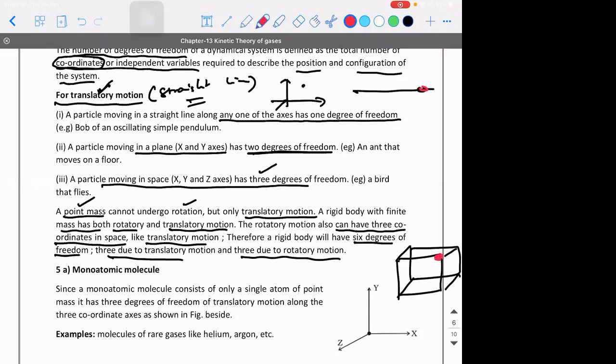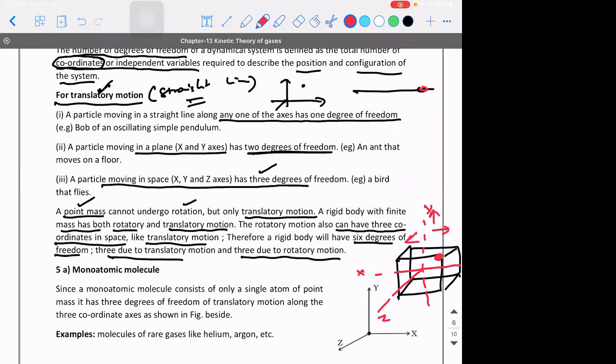So what can happen is these particles can revolve. If I talk about a rigid body, it can revolve about 3 axes. If I take it like this, it can revolve about the y-axis, the x-axis, and the z-axis. Similarly, a rigid body can move along the x-axis, the y-axis, and the z-axis.